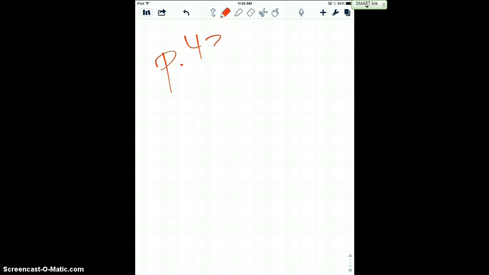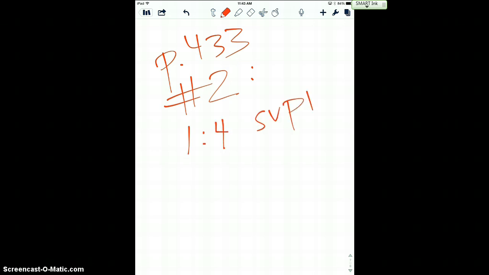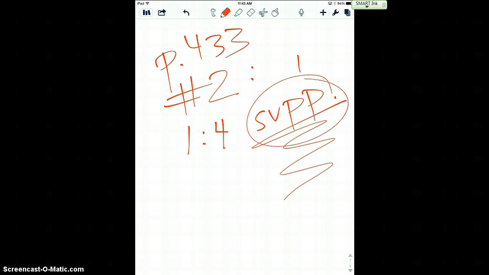Okay. Let's go to another Got It problem, page 433, Got It number 2. Try it, pause the video, and try to figure it out. I'm starting, so hopefully you paused it and tried it. It tells me the measures of 2 supplementary angles are in the ratio 1 to 4. In my mind, supplementary adds to 180. So could the angles be 1 degree and 4 degrees?